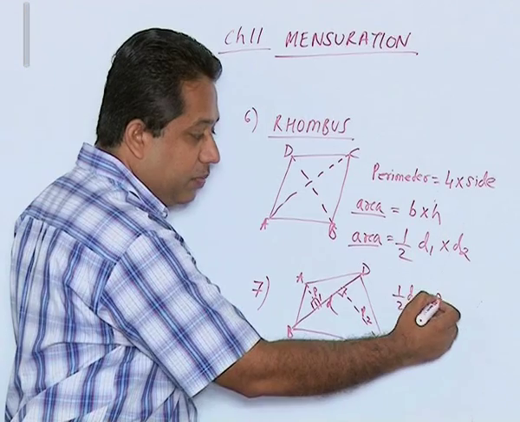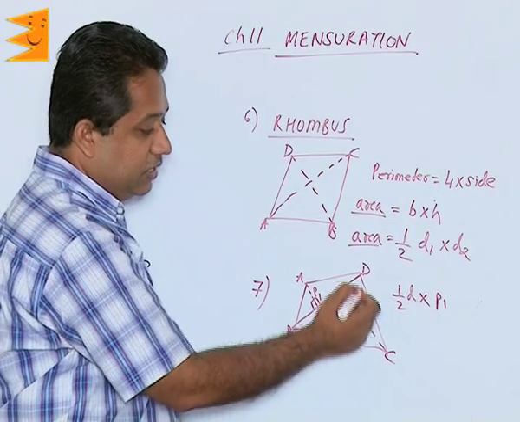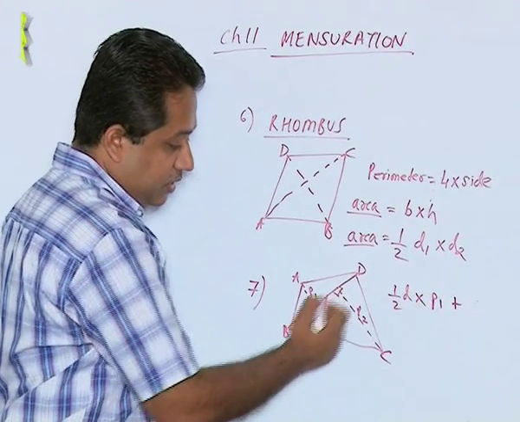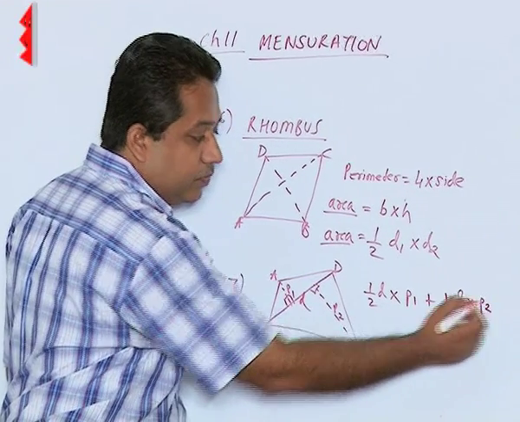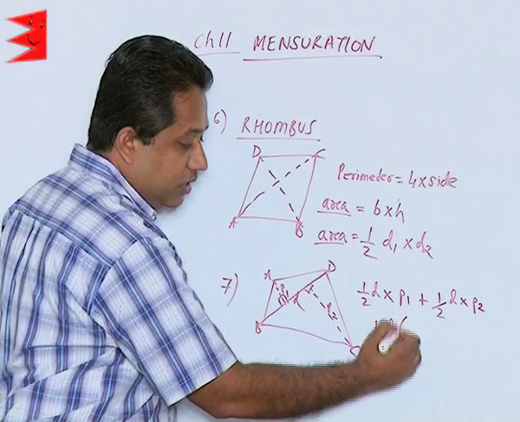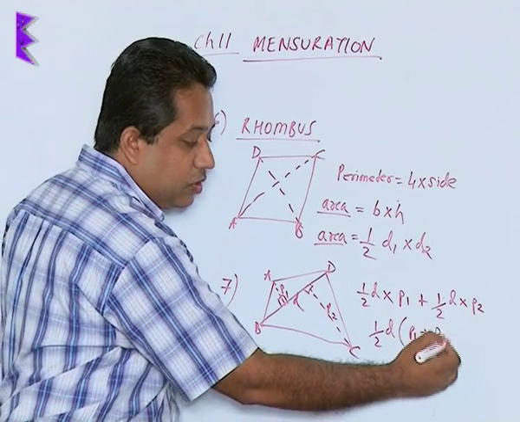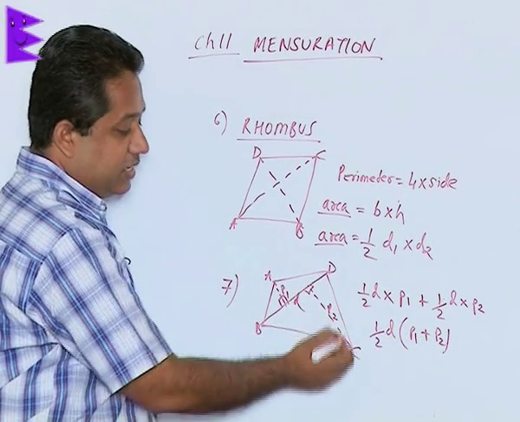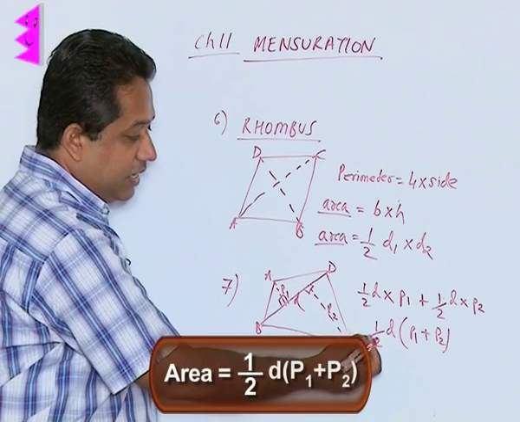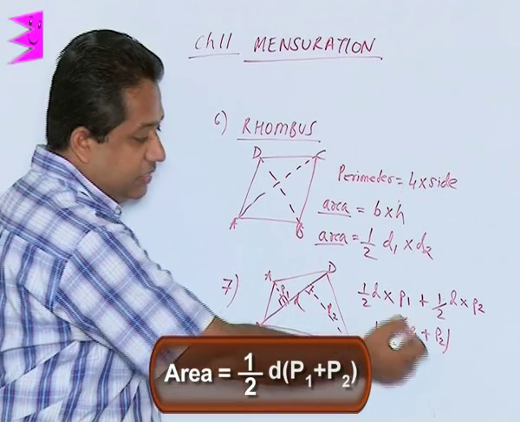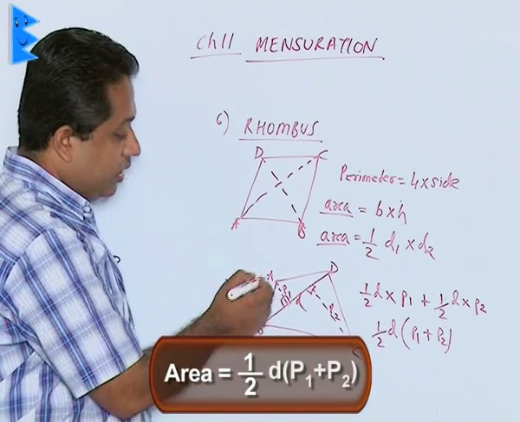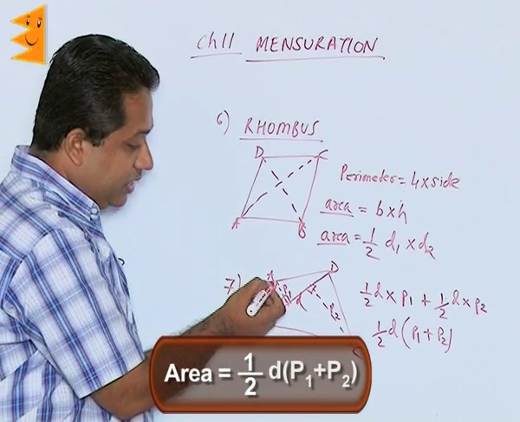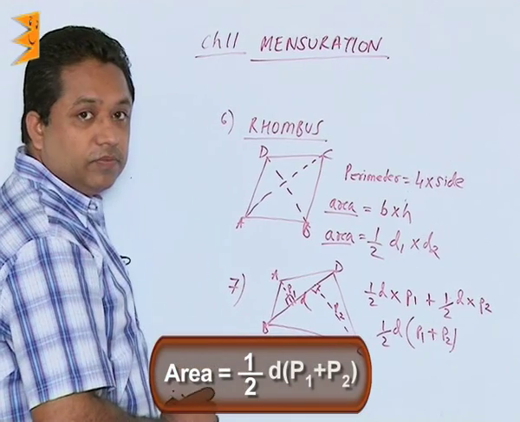So, half d into P1 will give you the area of this triangle, plus this triangle we will use half d into P2. So, half d common, we get P1 plus P2. So, we can say area of a quadrilateral is half diagonal inside the bracket sum of the offsets, these are called offsets, or in other words the perpendiculars from the vertex to the diagonal.